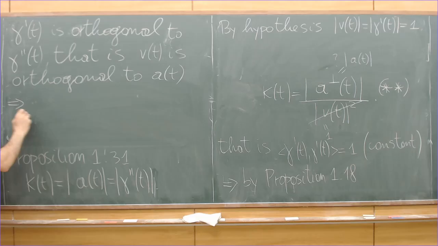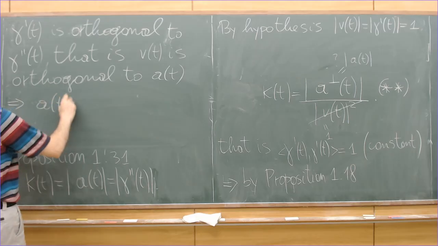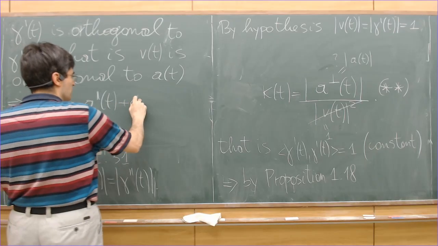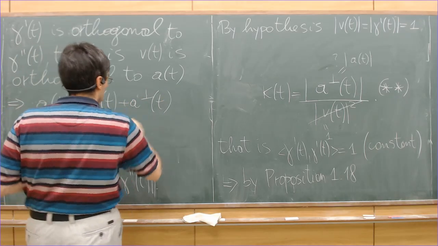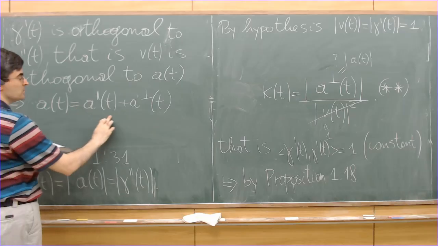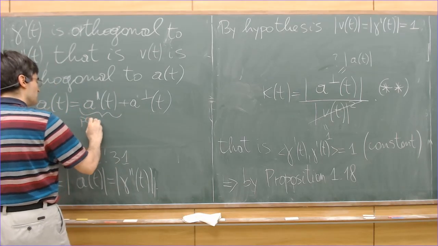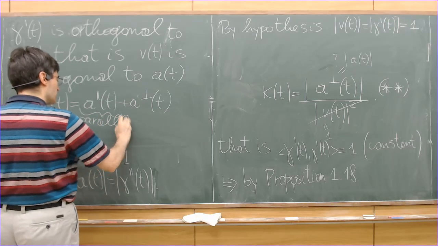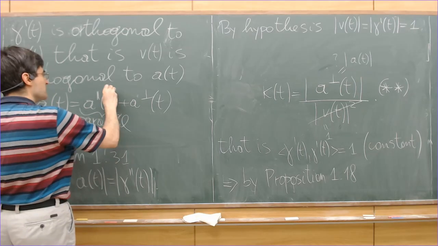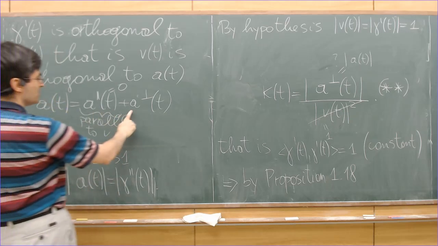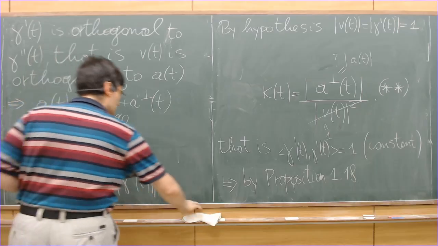This implies that if we consider this decomposition, the component which is parallel to V is 0. This is 0, and A of t coincides with A orthogonal of t.